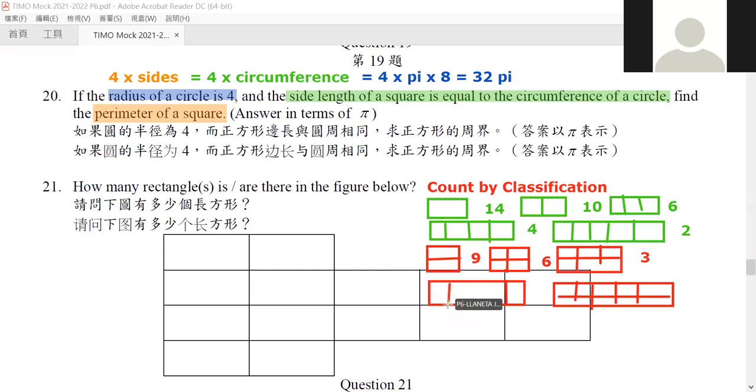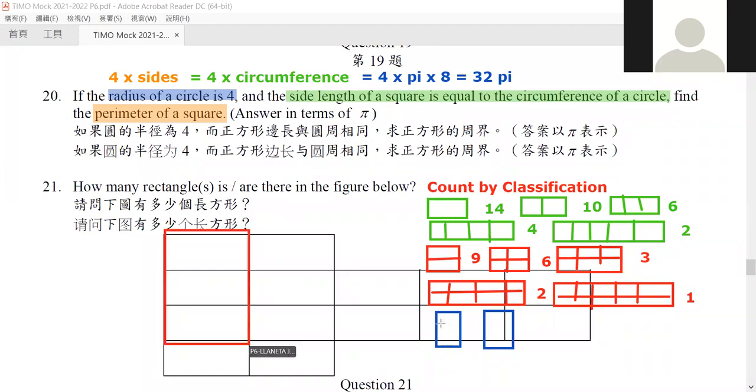Okay. So you will have 2 in here and 1 in here. Now, after we count all the rectangles of width 2, then we count all the rectangles of width 3. Now, in this case, there are not many rectangles in here.